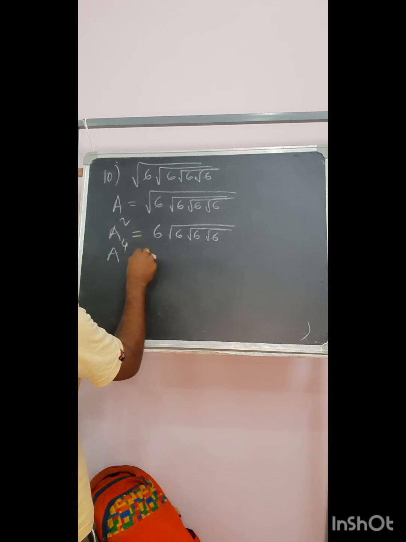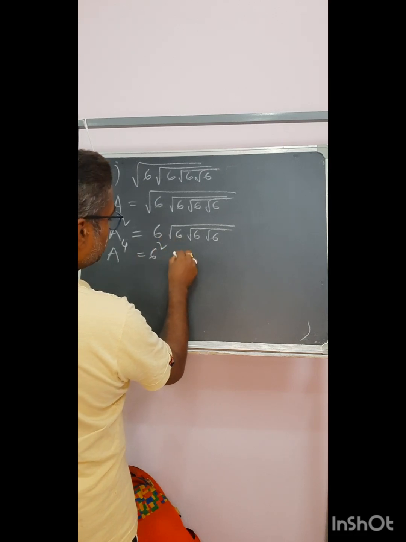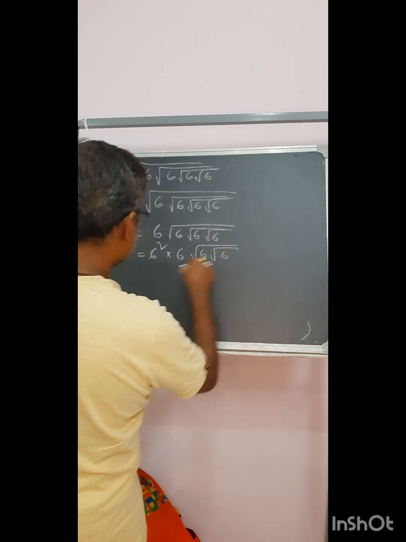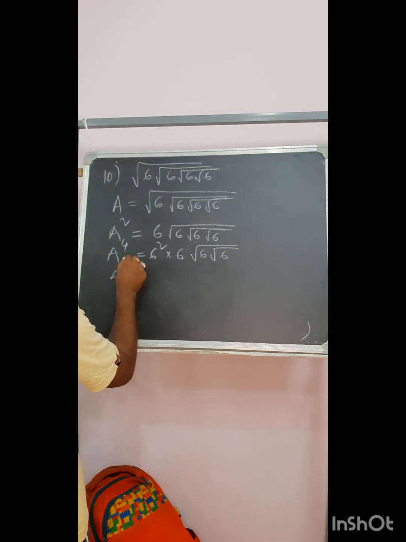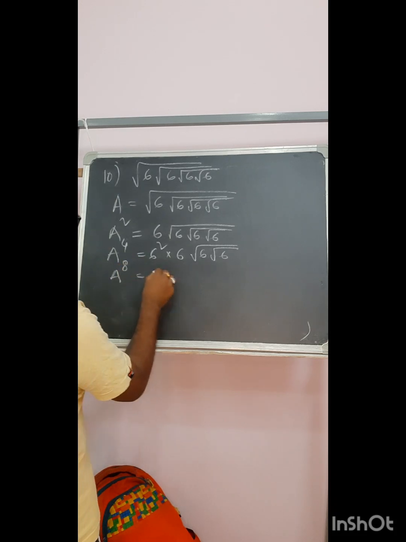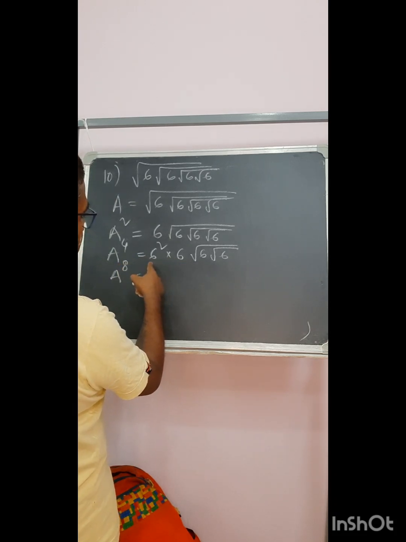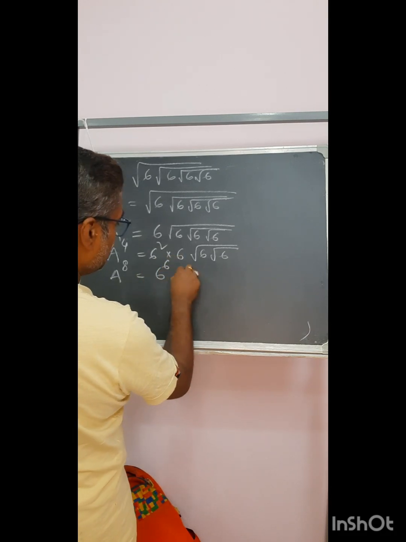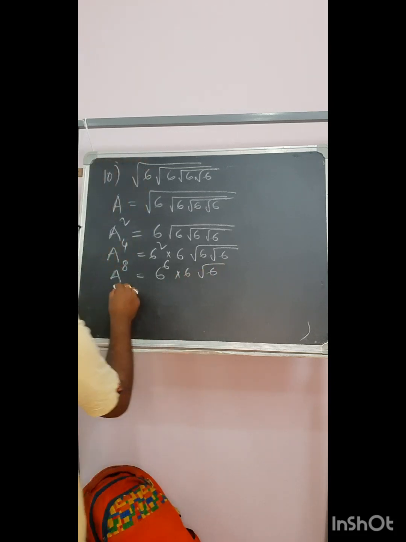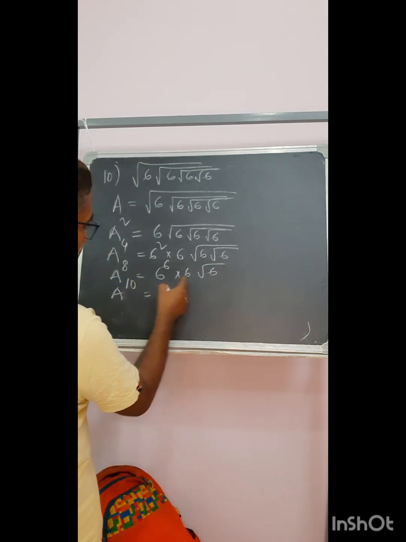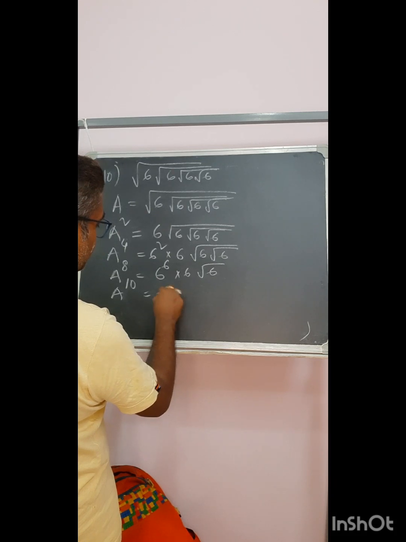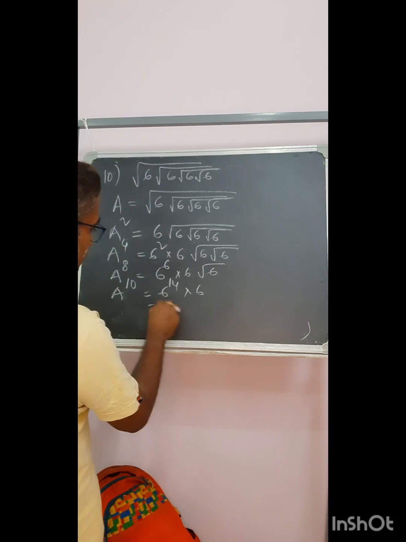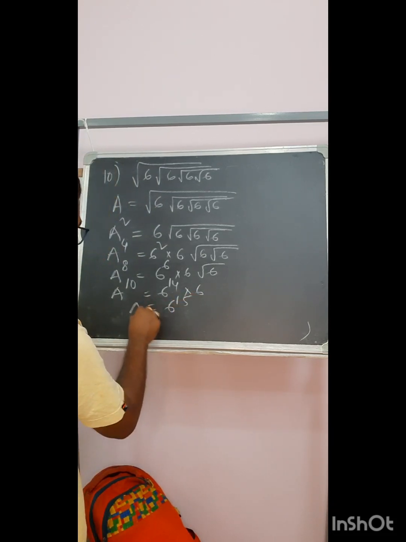Next time it will be 6 square, then 6 will be there, and the remaining will be like that, and the next time it will be the square of that, 8, and it will be 6 to the power 6. Then 14 will come, and 6. So that will be 6 to the power 15 by 16.